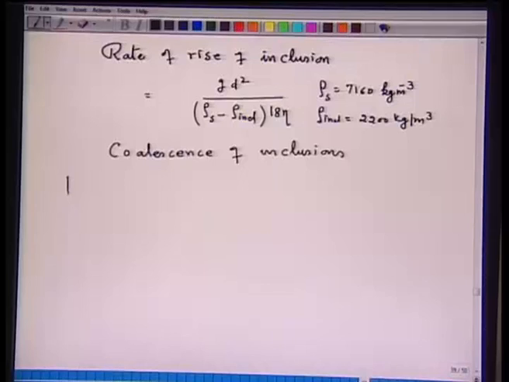If you want to remove them, a very long time is required for the inclusions to float. Even then, it will not be possible to get rid of the inclusions which are there in the molten steel. So, what should be done? That is where inclusion engineering becomes important.